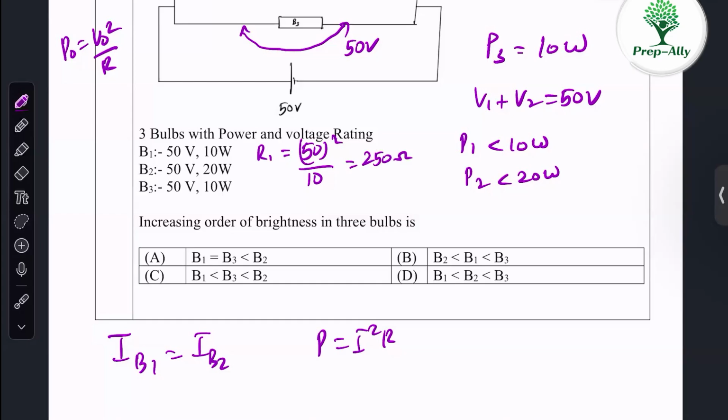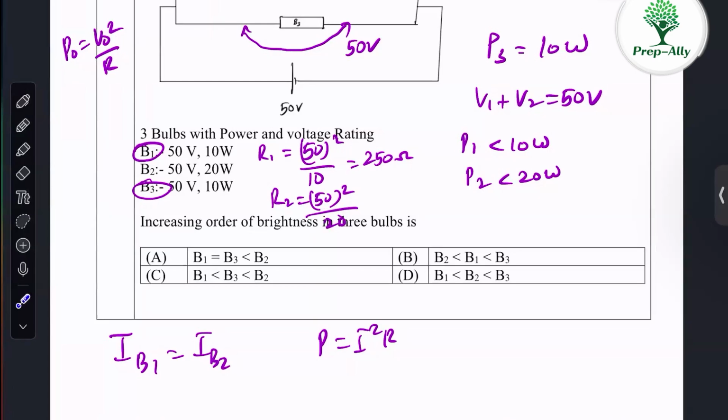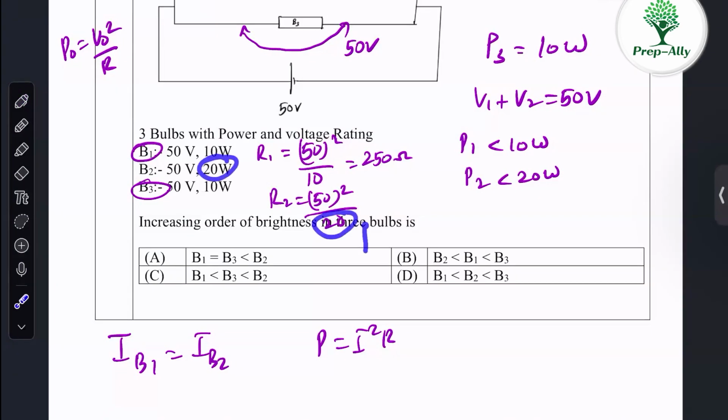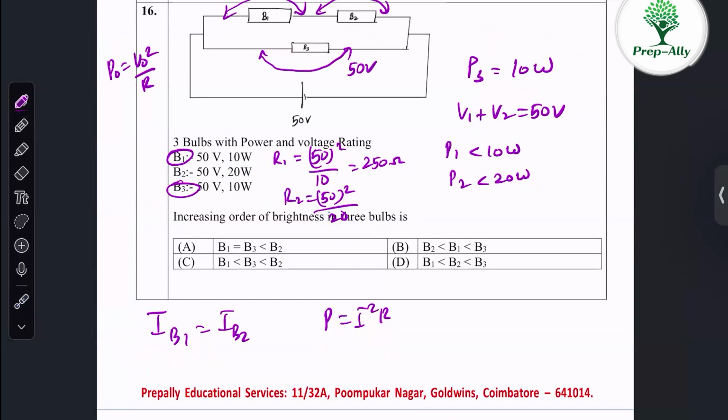Same will be the value for both B1 and B3. Whereas R2 is 50 square by 20. So I can say voltage rating is same, but power rating of 2 is more. So R2 is less than R1. So we know R2 is less than R1.